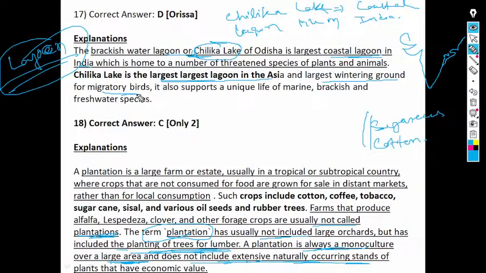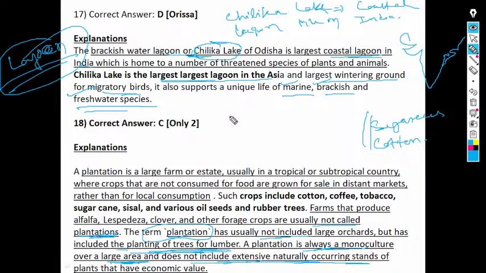It also supports a unique life of marine, brackish and freshwater species. Chilka mainly supports marine, brackish and freshwater fish.